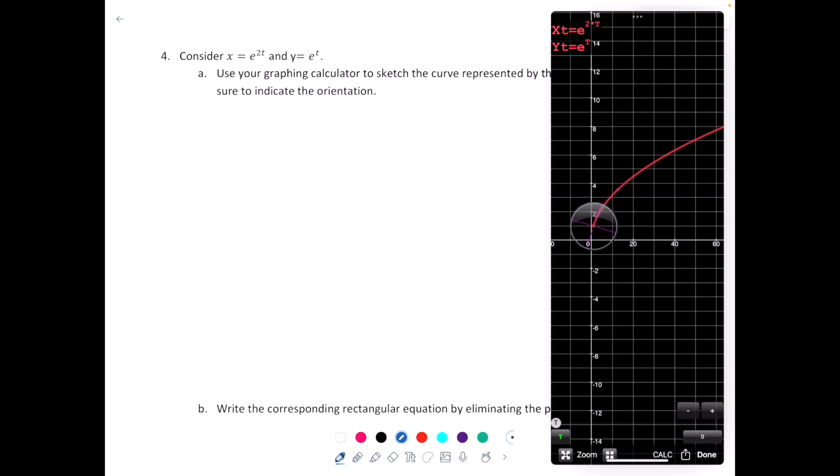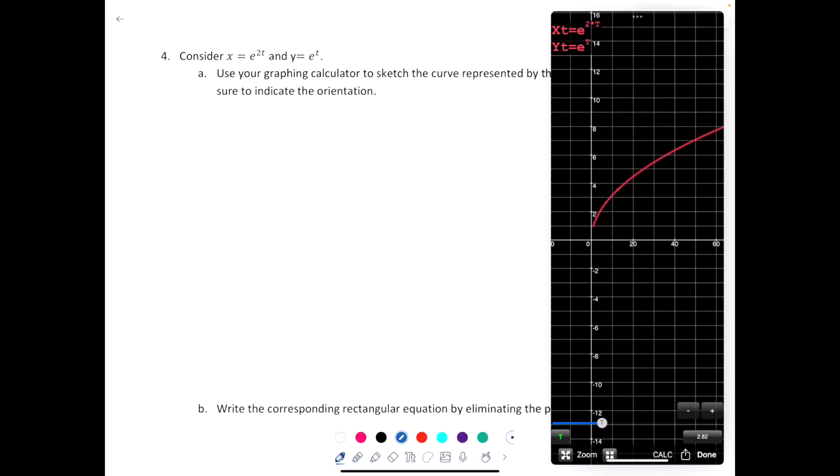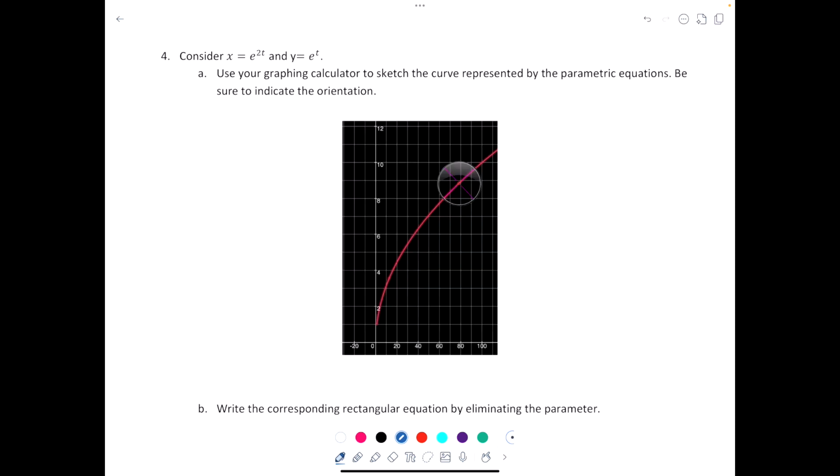All right, so nice looking graph, and we start right there when t is 0, and notice that t is increasing, and it seems to increase without bound. Notice that I made this to 100 and it's still increasing. So our orientation is going to go from left to right. All right, and there's our graph. Let's write in that orientation.